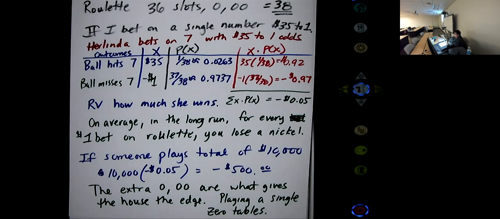They don't want you sitting down with $1. They want you playing $100, because their edge is lower. It's 0.026. So for them to make money and pay for the dealer and stuff like that, they want more bets.